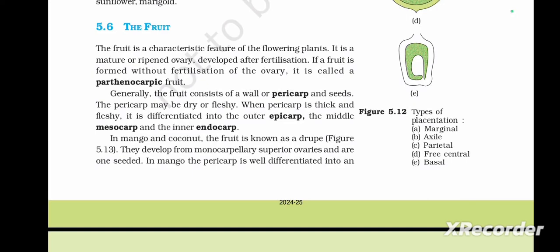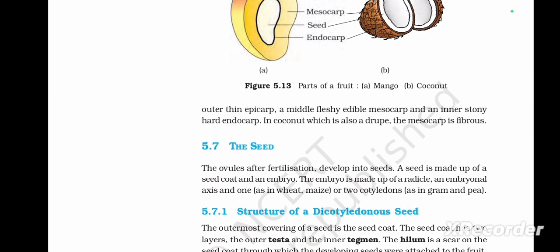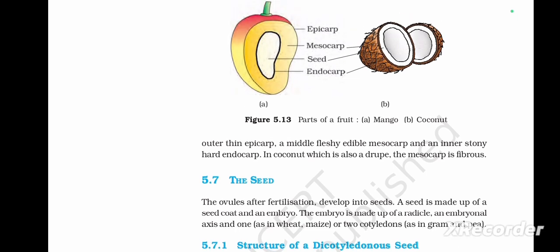In mango and coconut, the fruit is known as a drupe. They develop from monocarpellary superior ovaries and are one-seeded. In mango, the pericarp is well differentiated into an outer thin epicarp, a middle fleshy edible mesocarp, and an inner stony hard endocarp.